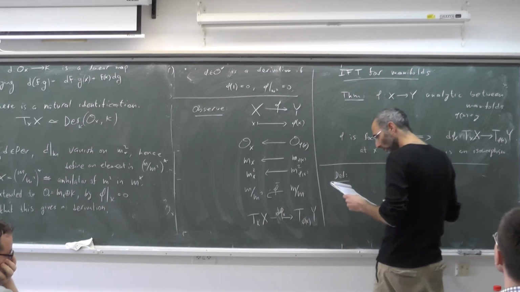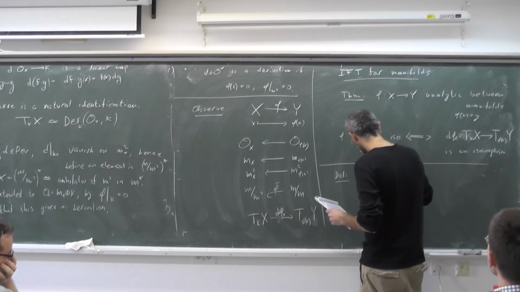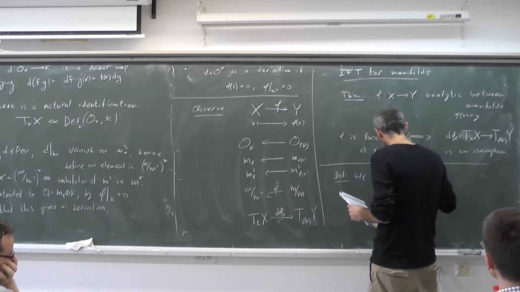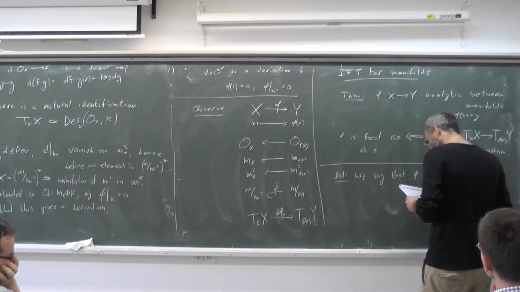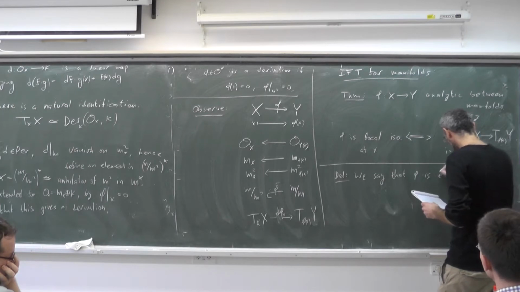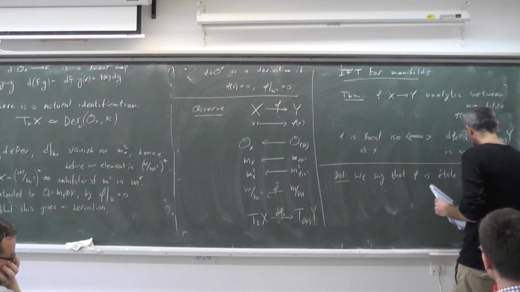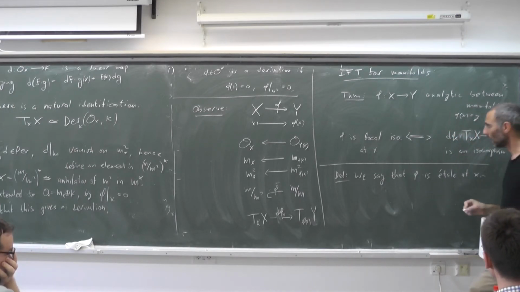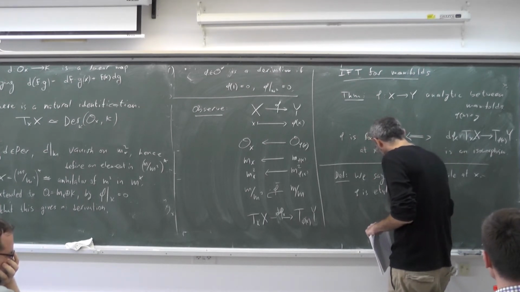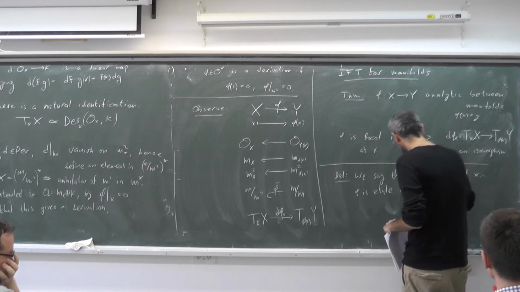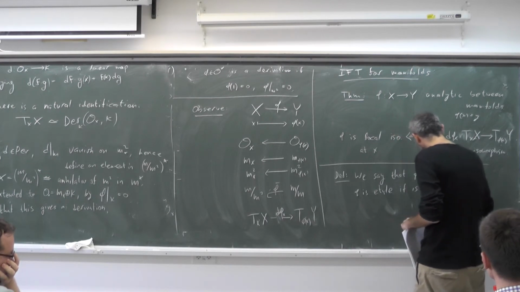If someone likes French, we say that phi is étale at x, and phi is étale if it is étale at every point.